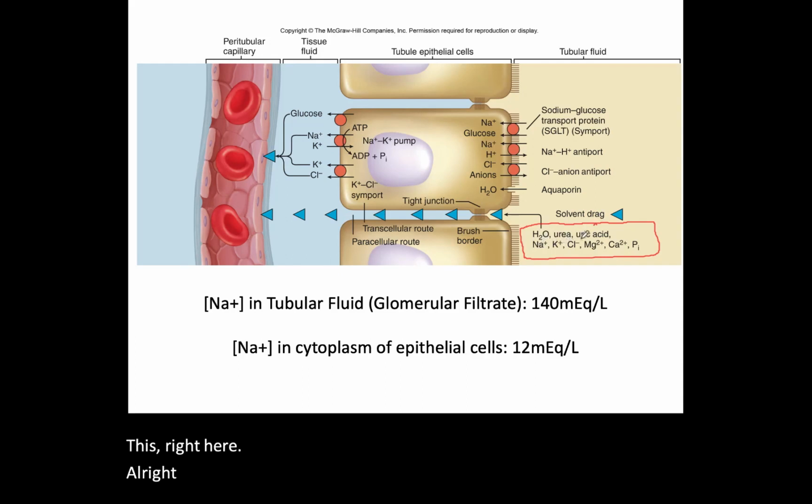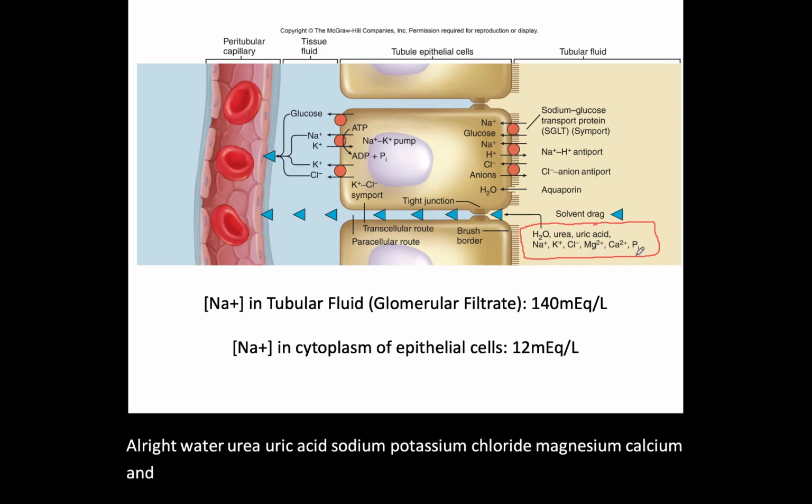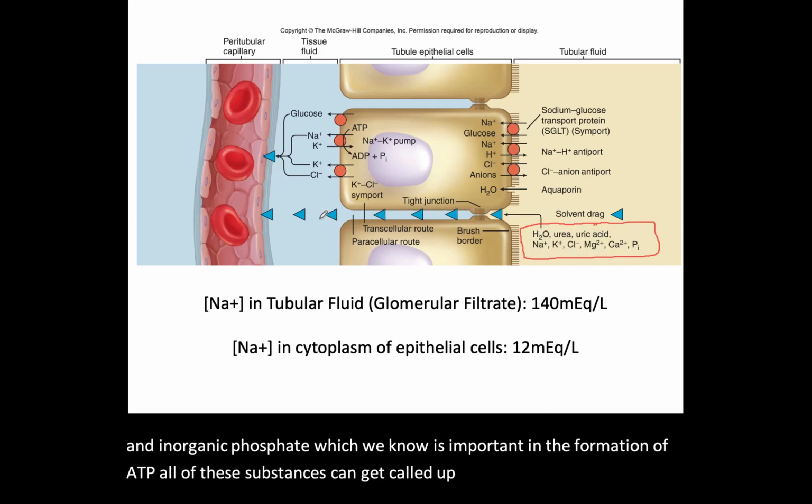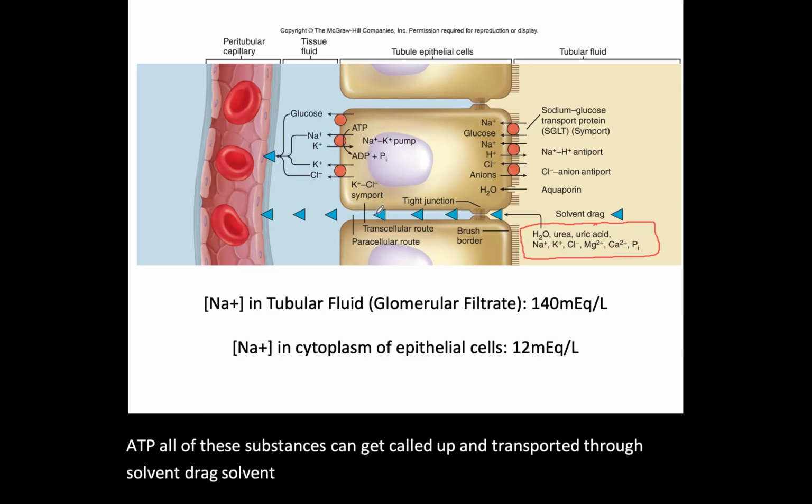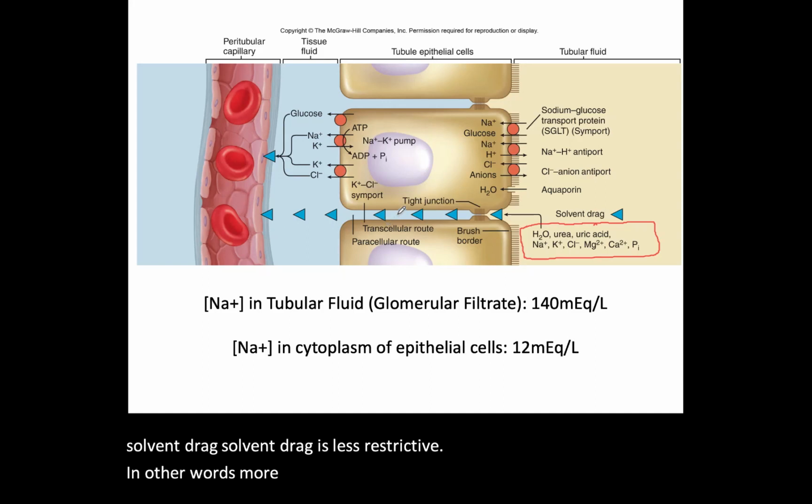Water, urea, uric acid, sodium, potassium, chloride, magnesium, calcium, and inorganic phosphates, which we know is important in the formation of ATP. All of these substances can get caught up and transported through solvent drag. Solvent drag is less restrictive. In other words, more things get reabsorbed through solvent drag.